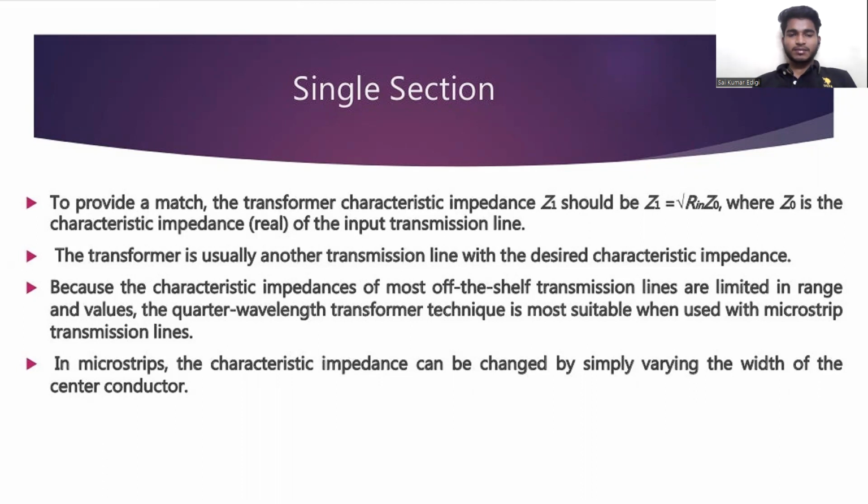Because the characteristic impedances of most off-the-shelf transmission lines are limited in range and values, the quarter wavelength transformer technique is most suitable when used with microstrip transmission lines. In microstrips, the characteristic impedance can be changed by simply varying the width of the center conductor.